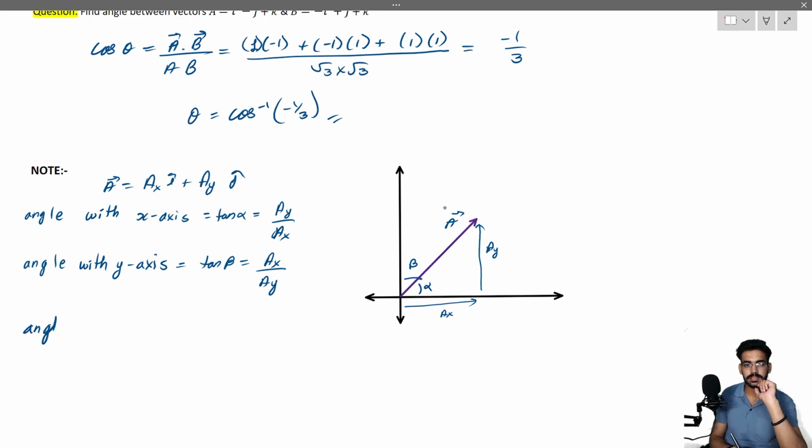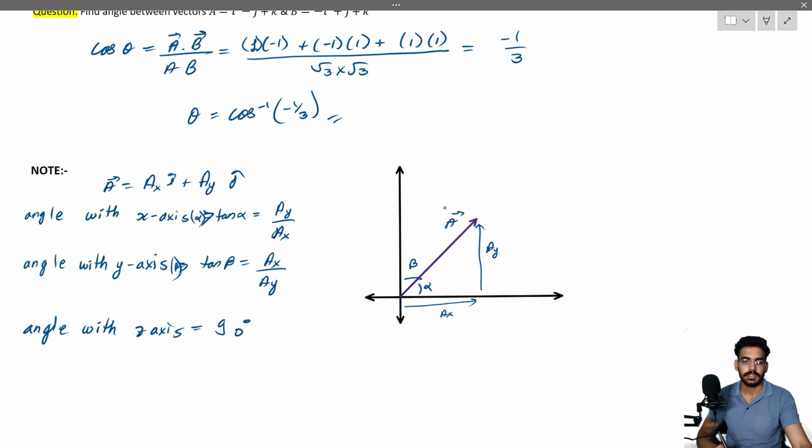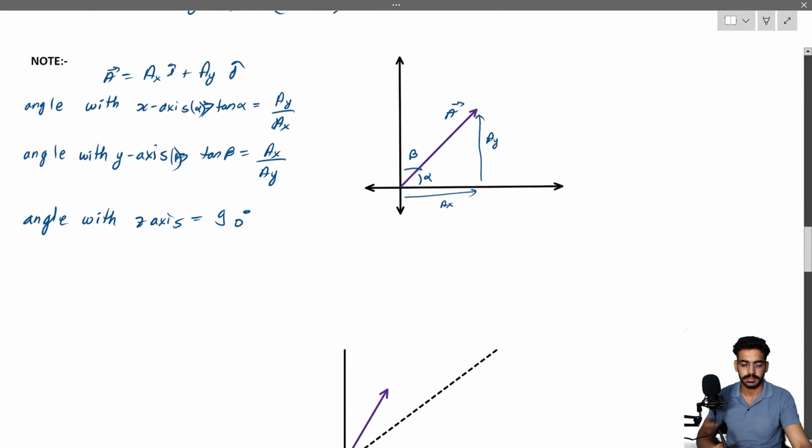Angle with z-axis, what we can say? 90 degree, right? This is alpha, this is beta. Angle with z-axis is 90 degree, that's what we can say.